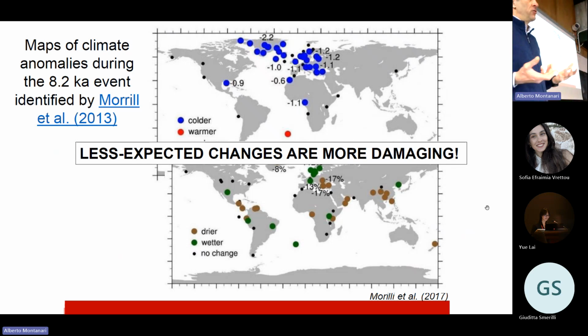And rainfall is much more difficult to decipher. We already discussed this because it is highly variable in space and time, and this increased variability makes it more difficult to distinguish between change and, again, variability.